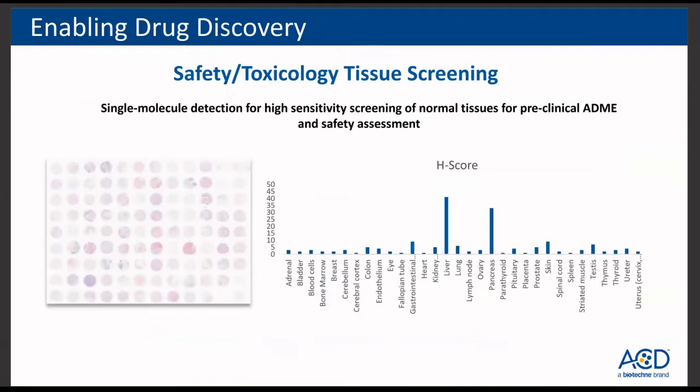As mentioned before, for safety and toxicology tissue screening, we have tissue microarrays. We provide tissue microarrays for highly sensitive screening of your targets for preclinical and safety assessment. We also have curated a collection of dozens of pre-sourced, validated, and unvalidated tissue blocks.